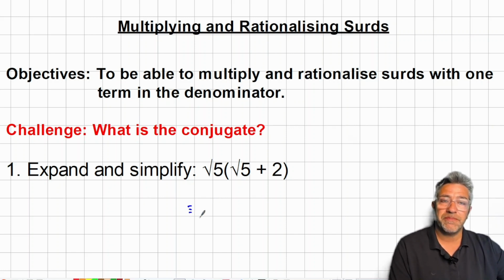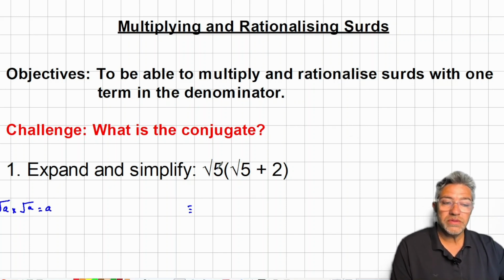Now, some of you may be familiar with the notation root a times root a simply equals a. If you are, you might already know that we could write root 5 times root 5 equals 5. But I will do an extra step to my working out so that I add that extra level of clarity to our work.